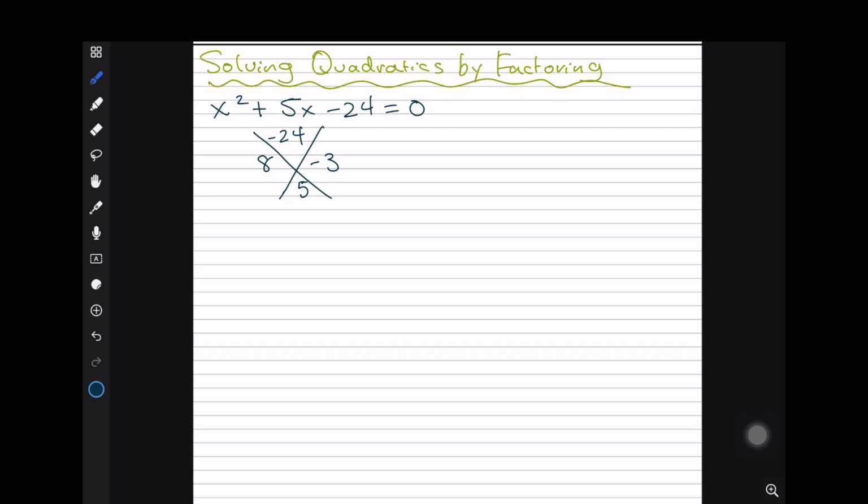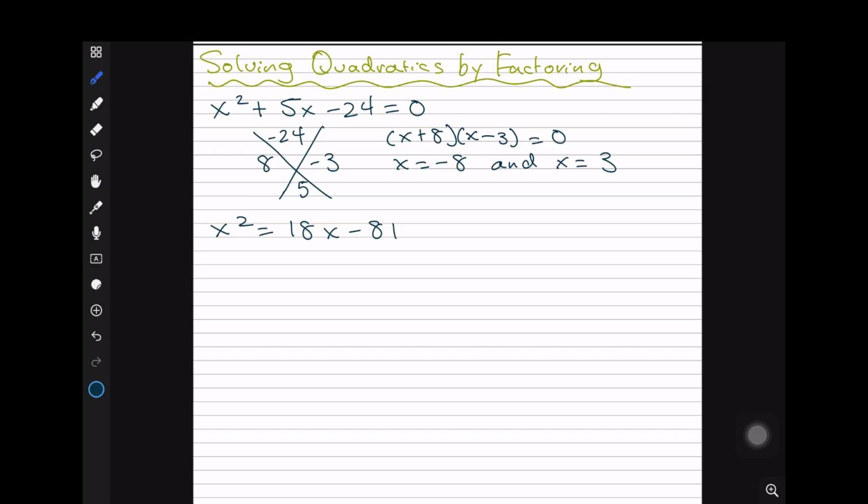So now you have to think of two numbers that multiply to negative 24 but add to 5, which are 8 and negative 3. So that's what you put in the parentheses. So you have x plus 8 times x minus 3 equals 0. So x is going to equal negative 8 and x is going to equal 3.